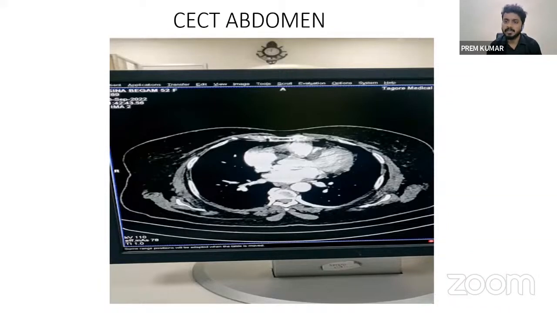There will be wall thickening of the gallbladder with irregular shaped swelling. Anything else? Heterogeneous mass with asymmetry of the thickening of the gallbladder.